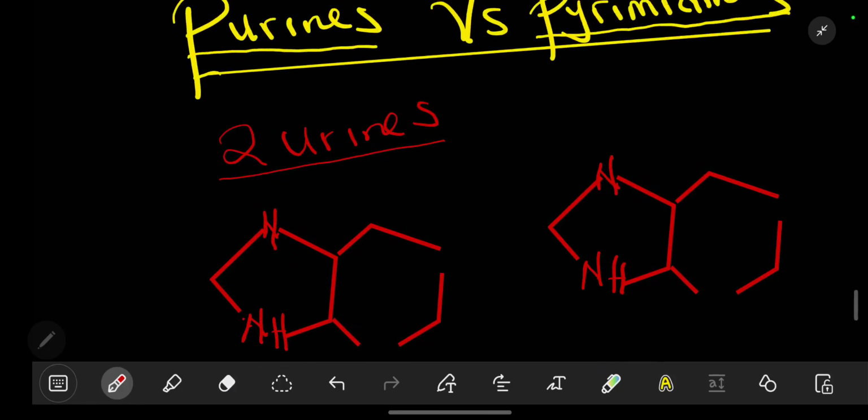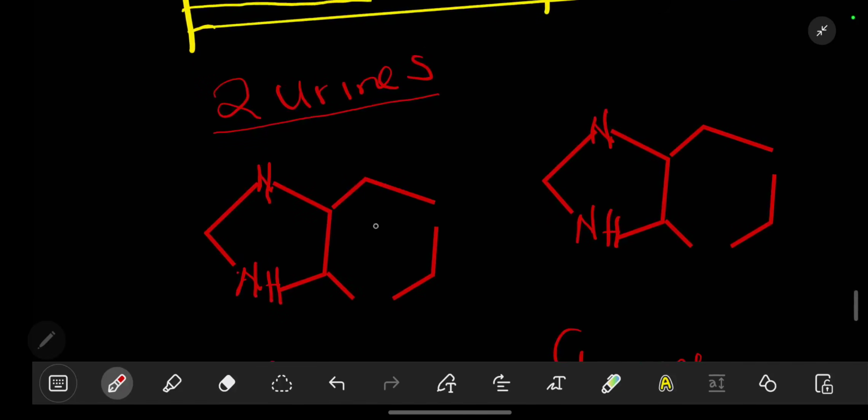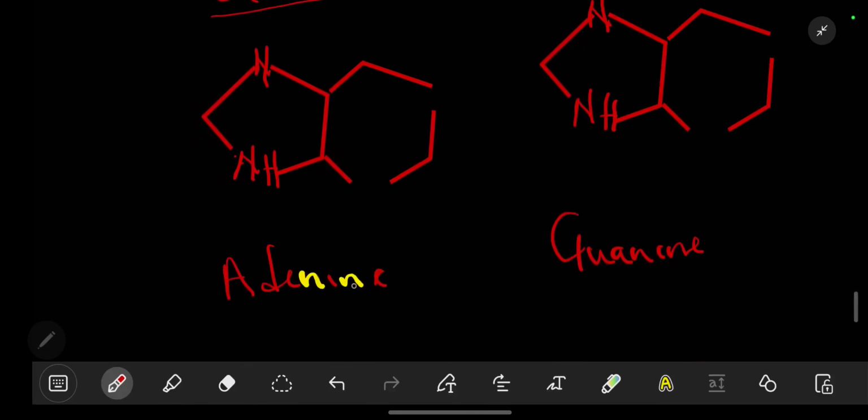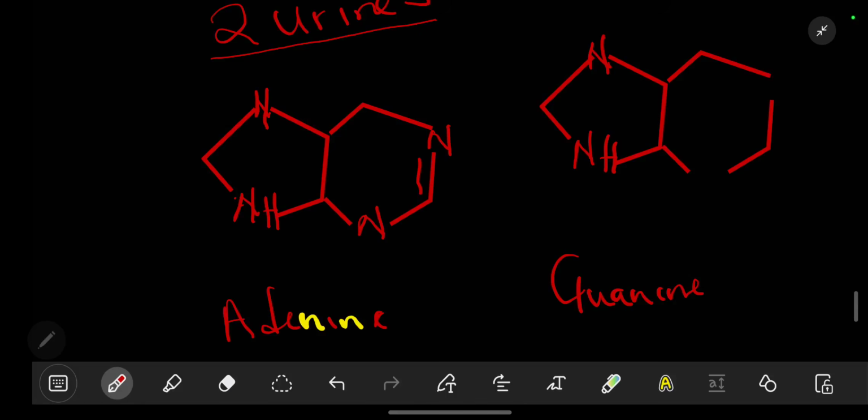Then even here you're going to get N's. Now for this one, adenine, you are just going to get your N. So you have your N there, you have your N there. So this is the structure of how it looks.